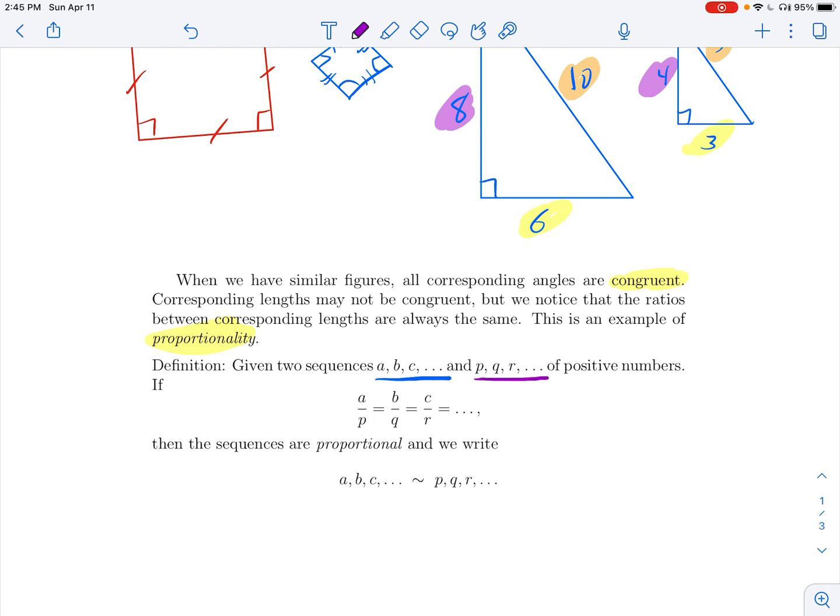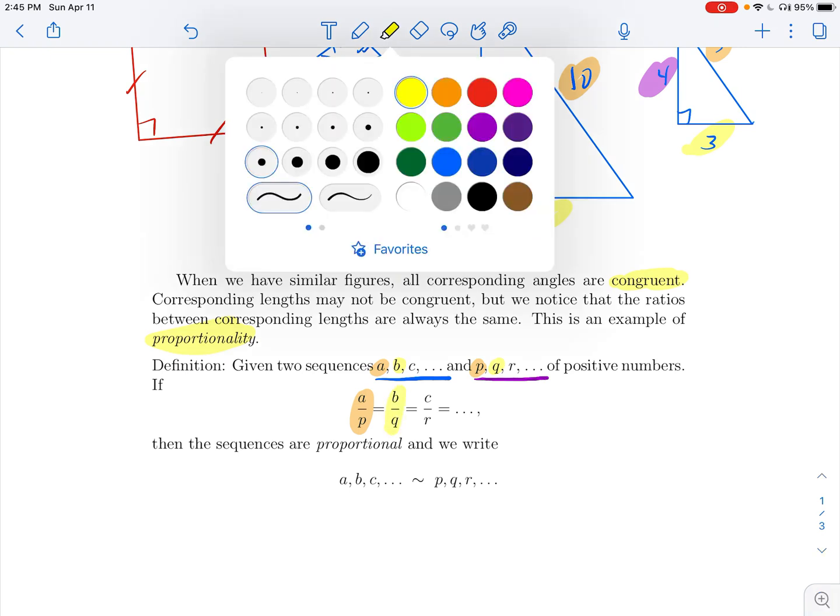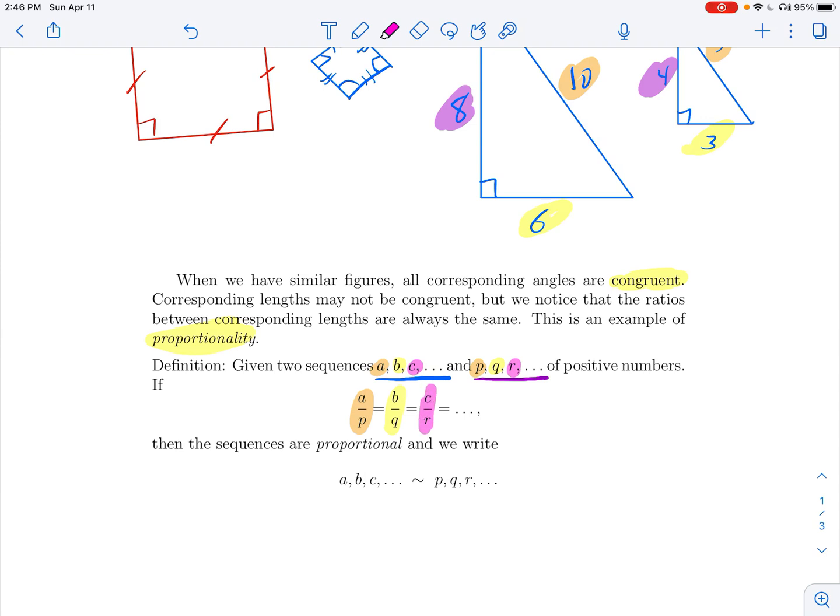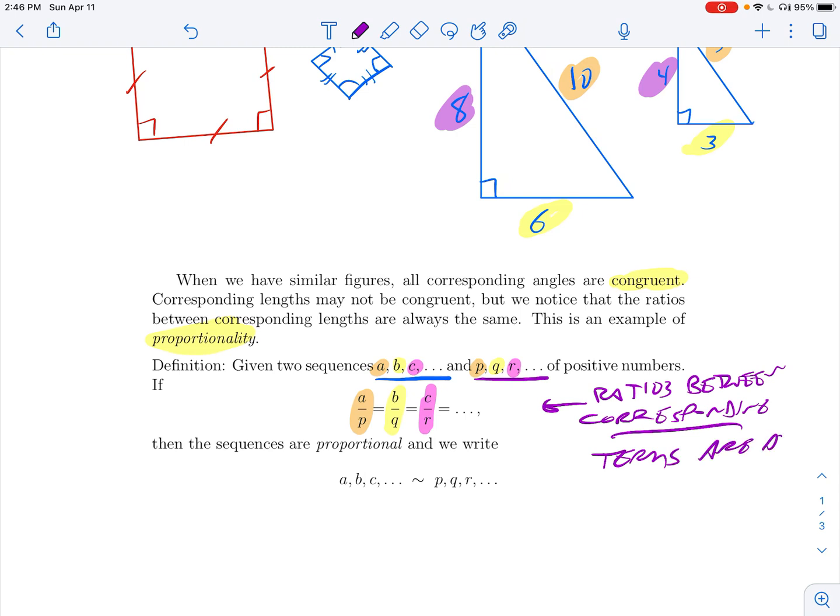So if we have the case that the ratio of first one to first one, A divided by P, is equal to the ratio of second one to second one, B over Q, and that's equal to the ratio of the third one over the third one, C over R, as we go down, if the ratios between corresponding terms are always the same, they have to show up in the same part of the list, then we call those sequences proportional.